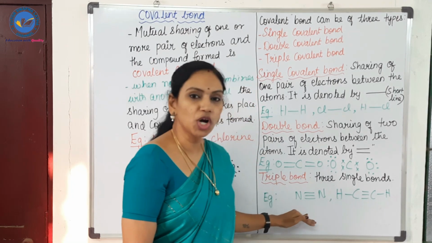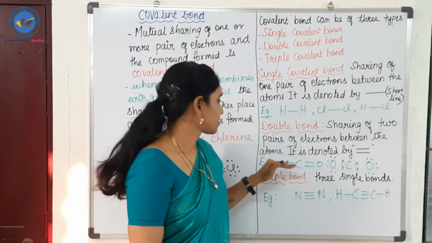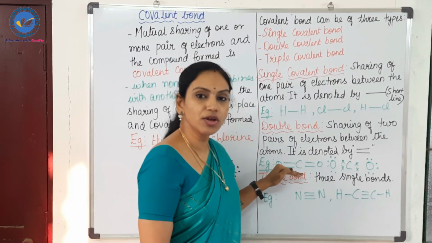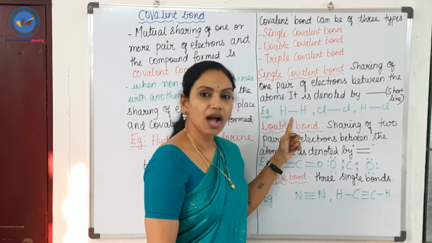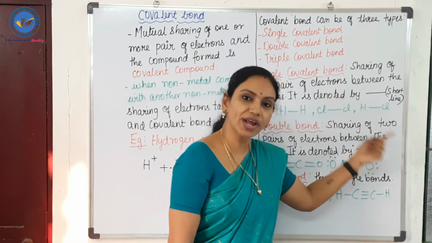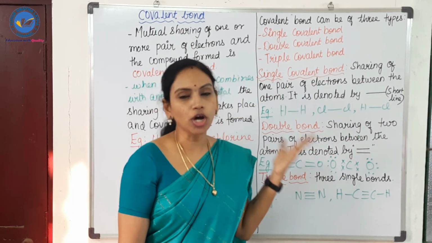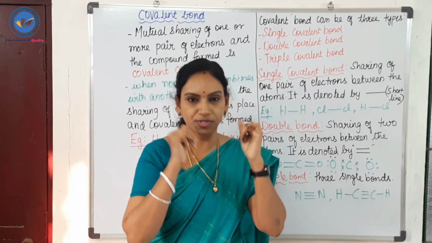So triple bond examples are ethyne and nitrogen, whereas double bond is carbon dioxide. Single bond is the hydrogen molecule, chlorine molecule or hydrogen chloride. Okay, this is the introduction to covalent bond and its types.